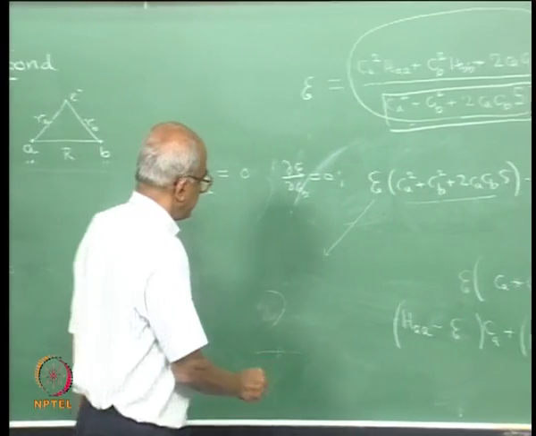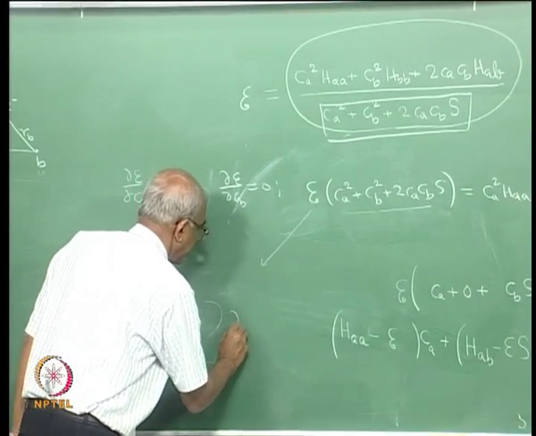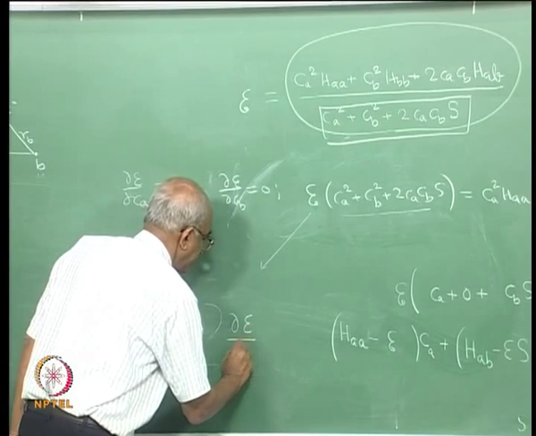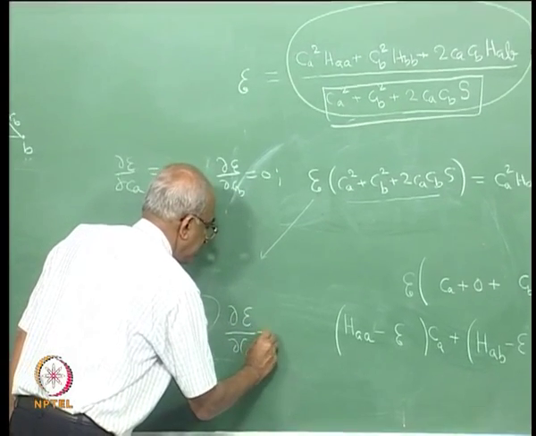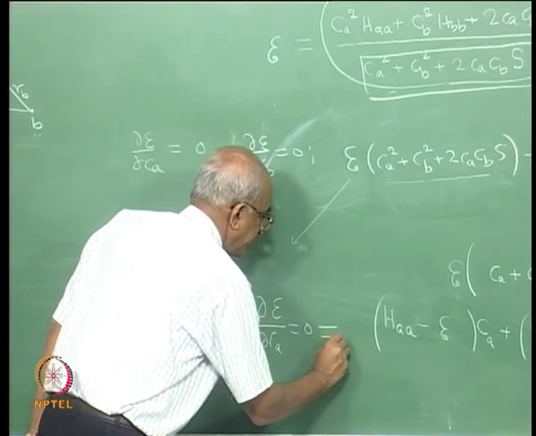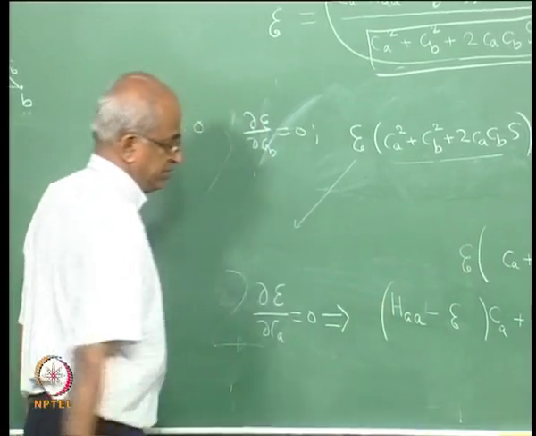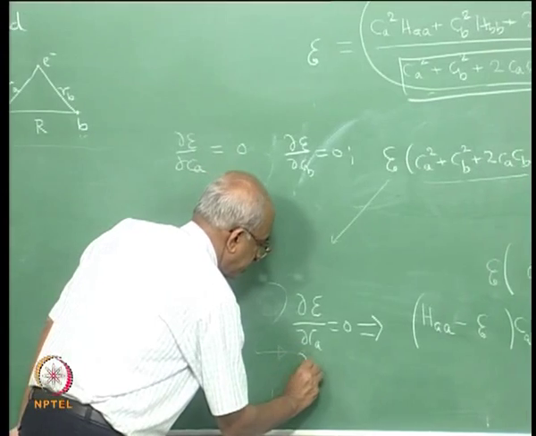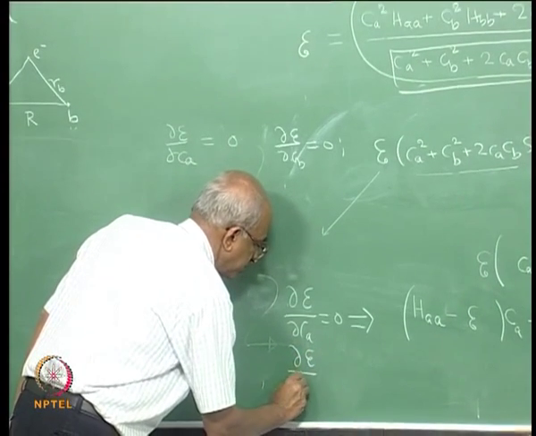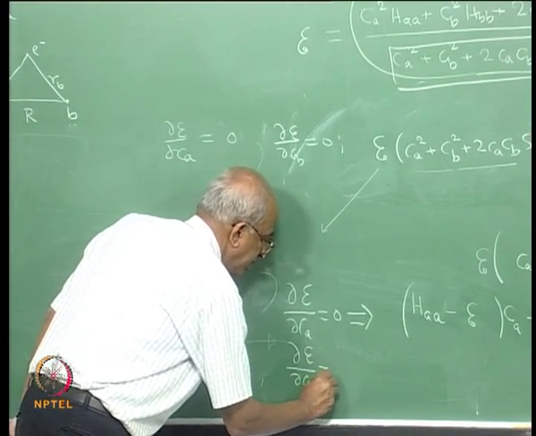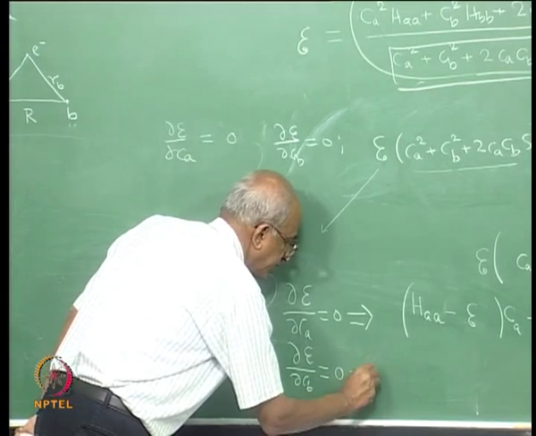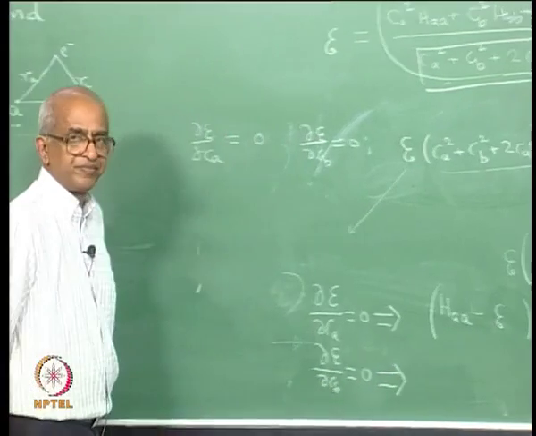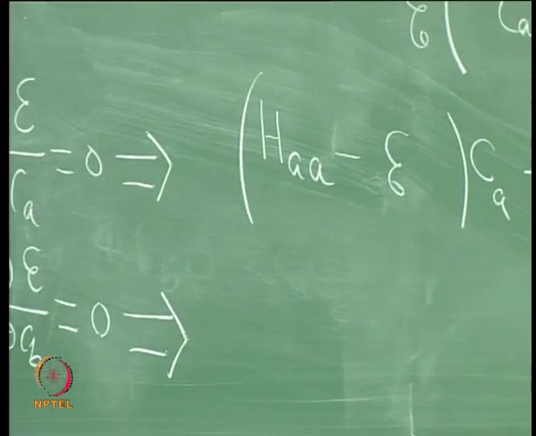So, how did I obtain this equation? I obtained this by putting dou E by dou CA equal to 0. This implied that I have such an equation. In a similar fashion, if you took the derivative of script E with respect to CB and put it equal to 0, what is the answer that you are going to get? It is fairly easy to write it down.